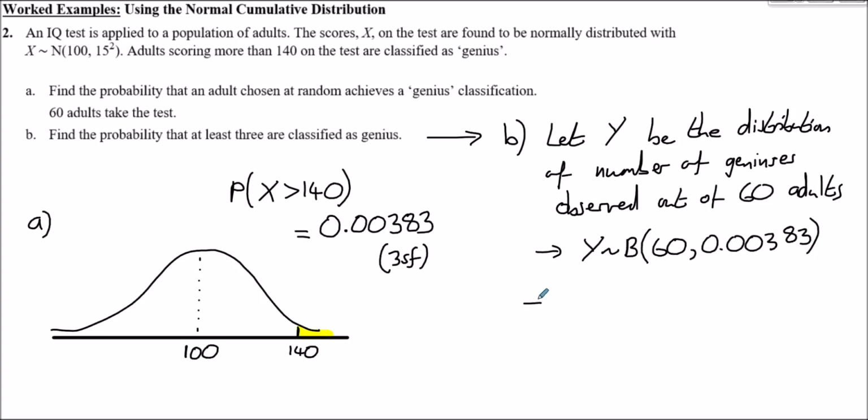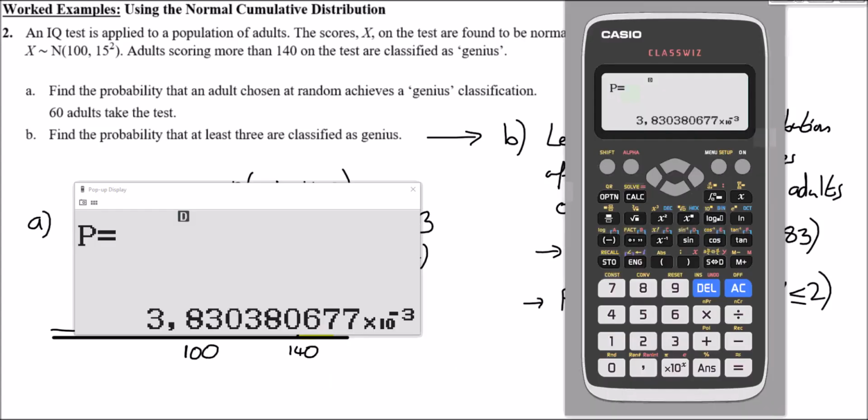So the probability of having at least 3 geniuses, the probability that Y is 3 geniuses or more out of 60, is going to be 1 minus the probability of 2 or fewer geniuses. Now we need to get back into binomial mode.